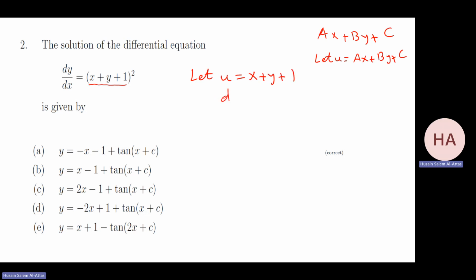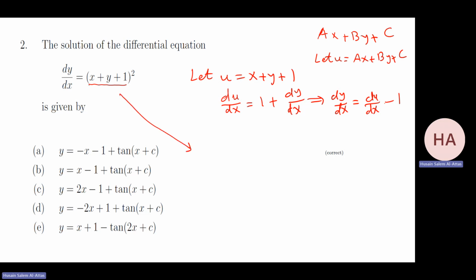Now I need dy over dx, so I need to differentiate this with respect to x. So I have du over dx equals 1 plus dy over dx. This is what I'm looking for. So dy over dx is du over dx minus 1.